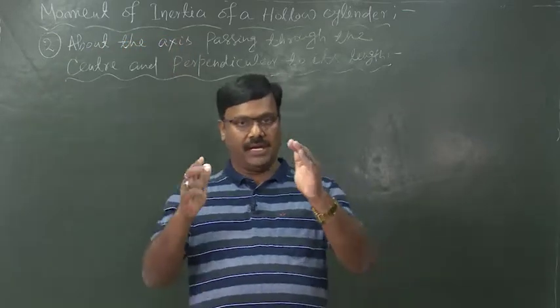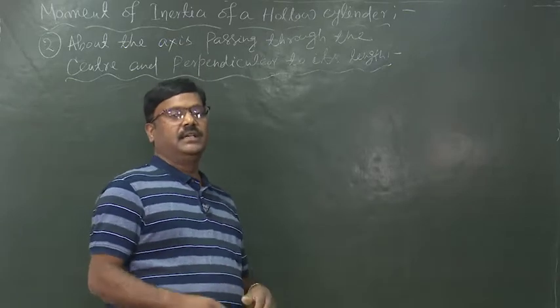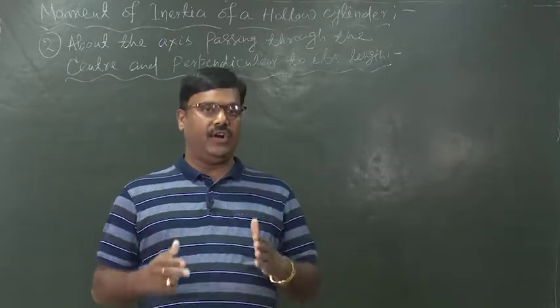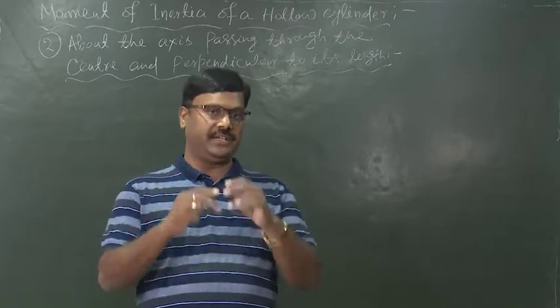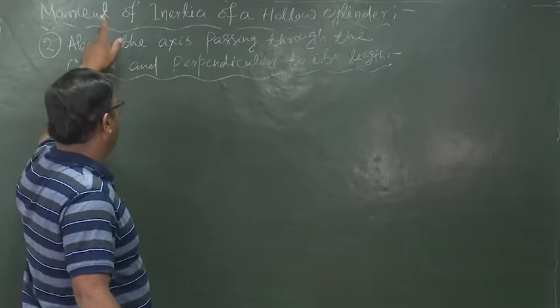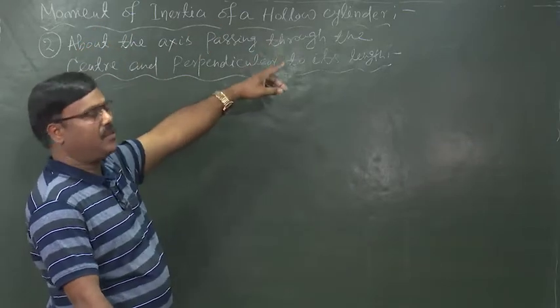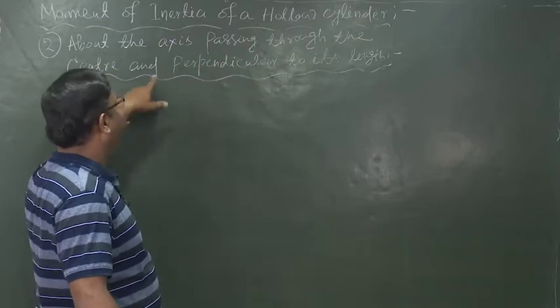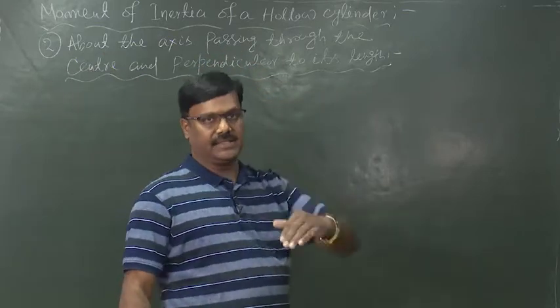Okay. Now, let us calculate the second case of the moment of inertia of a circular cylinder. Here we have to find the moment of inertia of a cylindrical body about the axis passing through the center and perpendicular to its length.